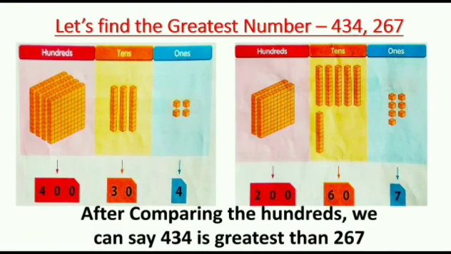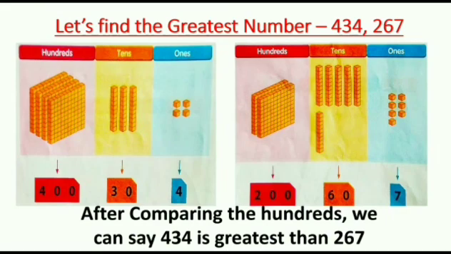Let's find the greatest number in 3 digit numbers. The example given is 434 and 267. Here if we compare with the chart, 400 is on the hundreds place, tens place is 30 and ones place is 4. Whereas in the other number 200 is on hundreds place, 60 on tens place and 7 on ones place.